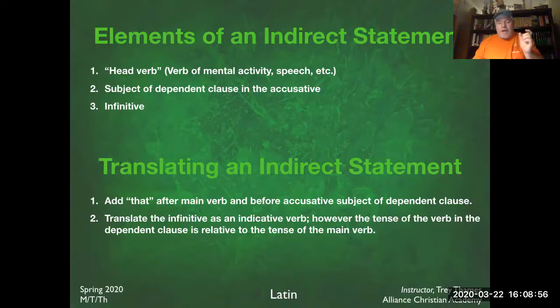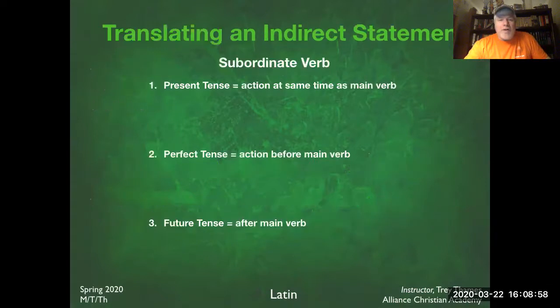So we've got this little chart here. I'm going to go ahead and show it to you. We've already talked about this in class. If the subordinate verb is in the present tense, then the action is taking place at the exact same time as the main verb. It doesn't matter if the main verb is in the present, the past, or the future. If your subordinate verb is in the present tense, it's happening at the same time as the main verb, okay?